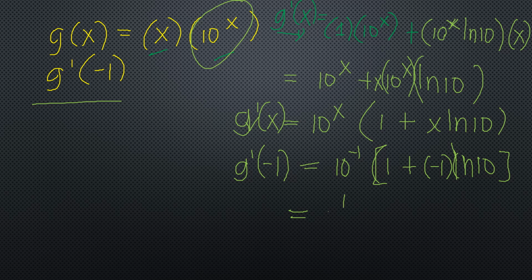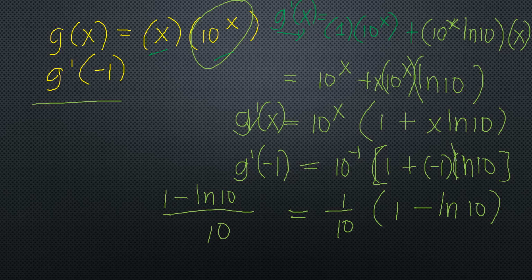So we now have 1 over 10 times 1 minus ln of 10. Or you can write that into 1 minus ln of 10 over 10. That is the final answer. Take note that you're not going to divide 10 and 10 and you have 1. No. That is a mortal sin in logarithms. So this will just be the final and that is simplified answer.